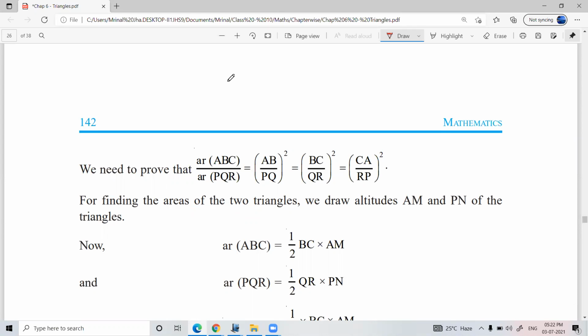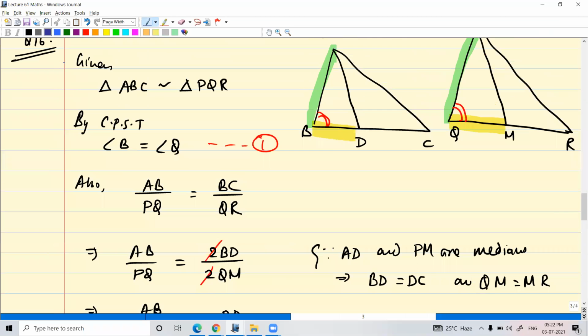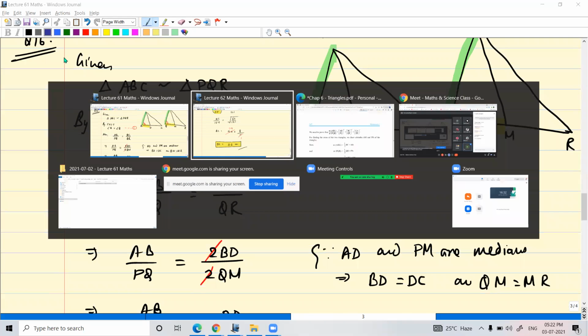Anyone has any other questions? Any questions you have in maths from the previous chapters in this whole thing? Okay, no one has any questions.